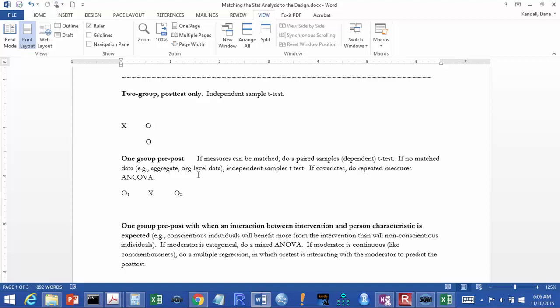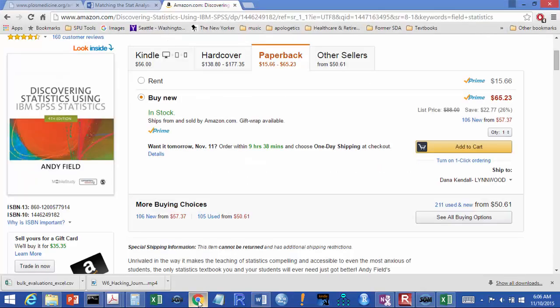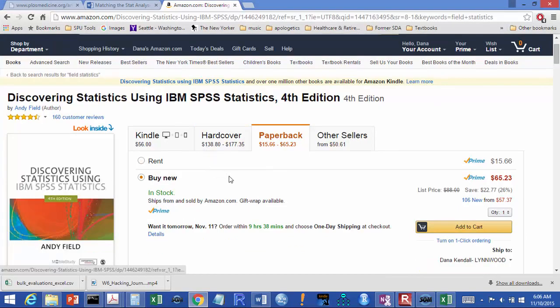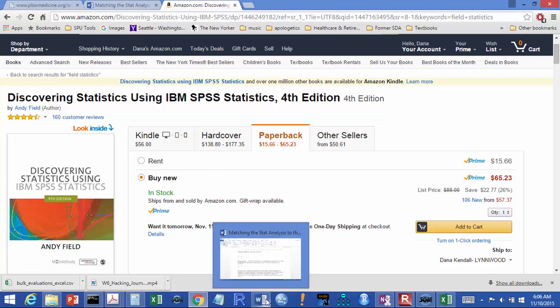And so I recommend this book by Andy Field, Discovering Statistics Using SPSS, and you can get it fairly cheap. You can rent it for about 15, 16 bucks, and you can get one used for about 50 to have on your shelf if you go into data analytics or program evaluation in your future life.